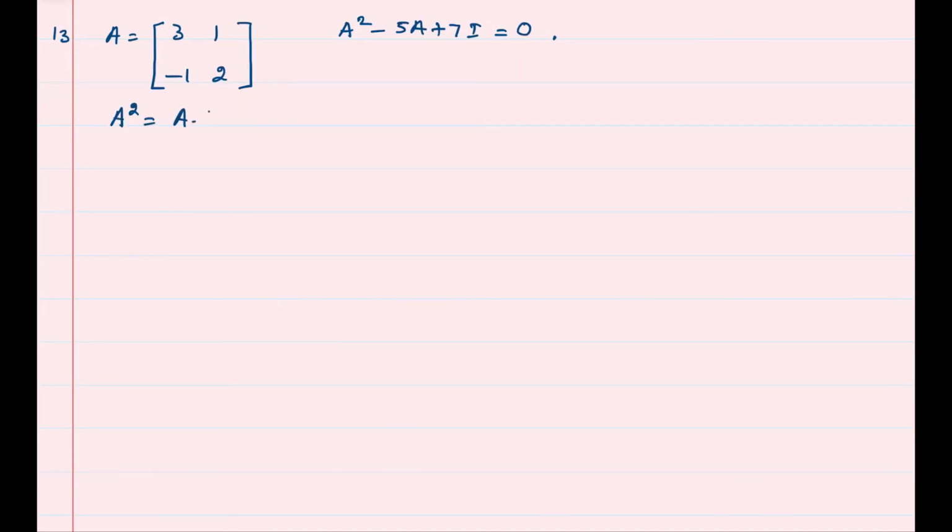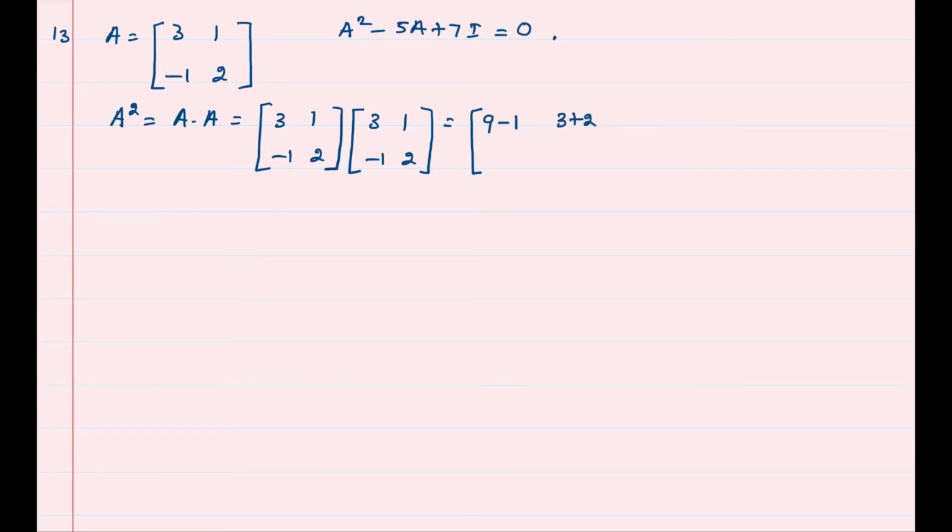A square is A times A. First row into first column, 9 minus 1. First row into second column. Second row into first column. Second row into second column. We get 8, 5, minus 5 and 3.